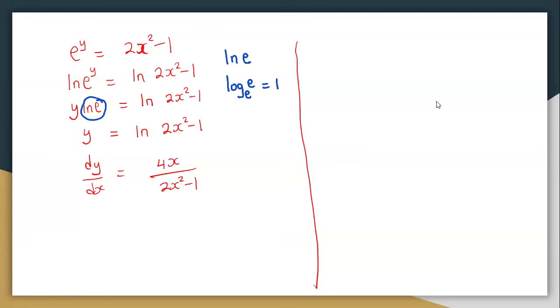So it depends on how you pronounce it. If you pronounce it as lean, it is okay.